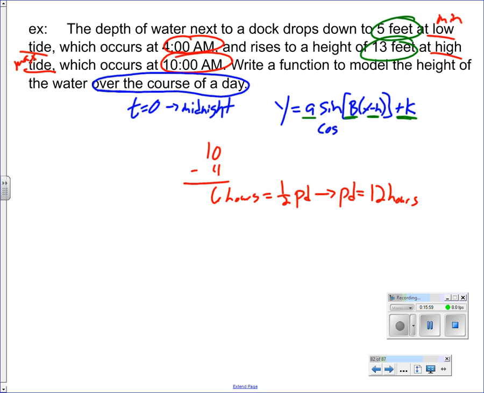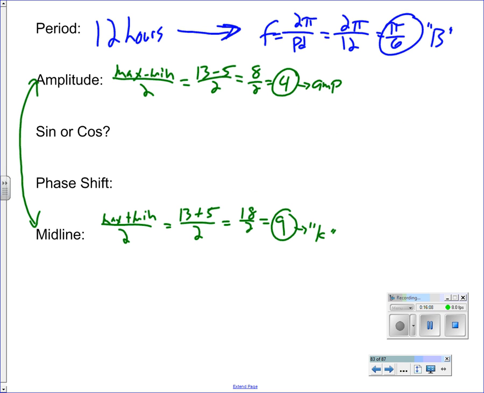So we're not starting at a maximum, we're not starting at a minimum, we're starting somewhere in between, so we're going to use sine. Pretty much anytime we're not explicitly starting at a max or minimum, we'll use sine.